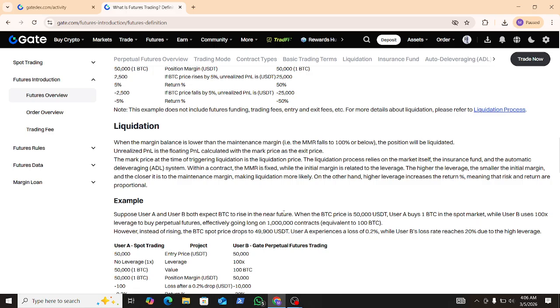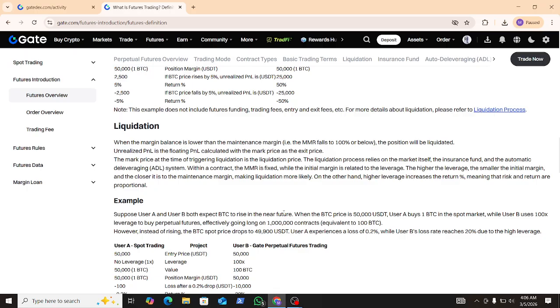Suppose user A and user B both expect BTC to rise in the near future. When the BTC price is 50,000 USDT, user A buys 1 BTC in the spot market while user B uses 100x leverage.